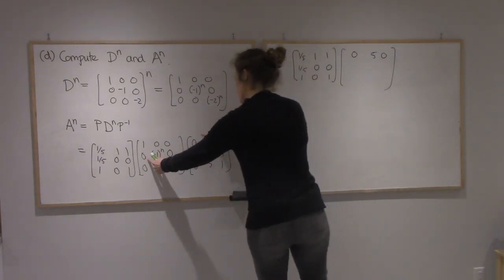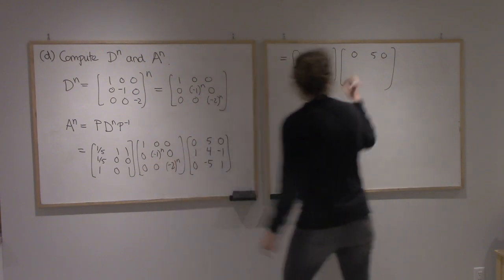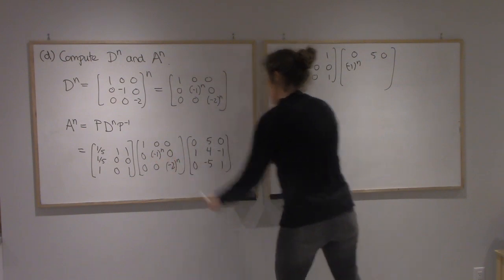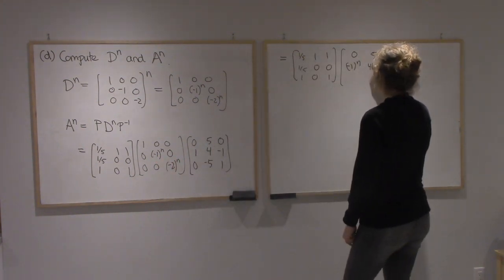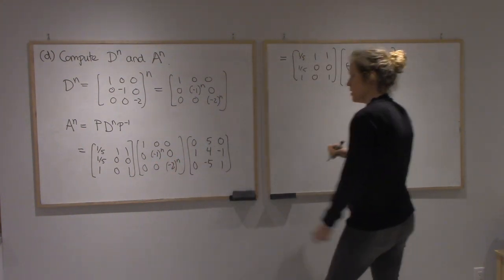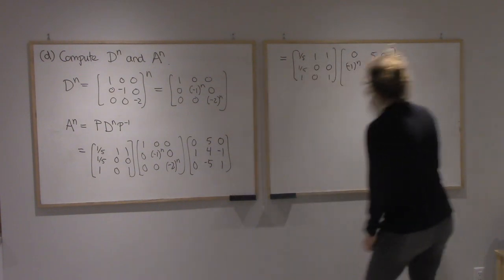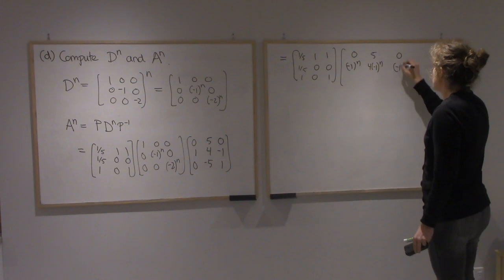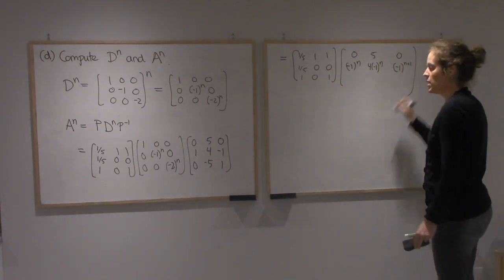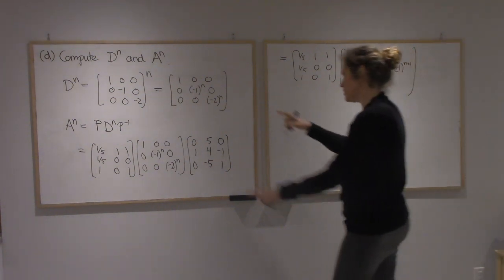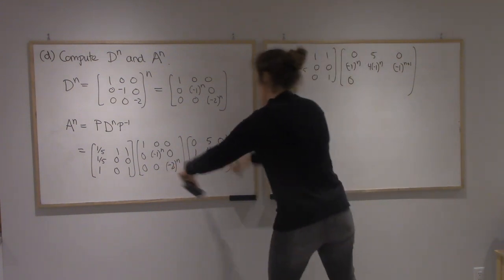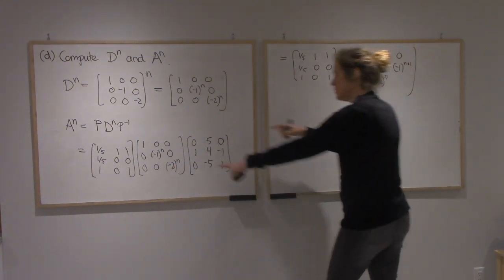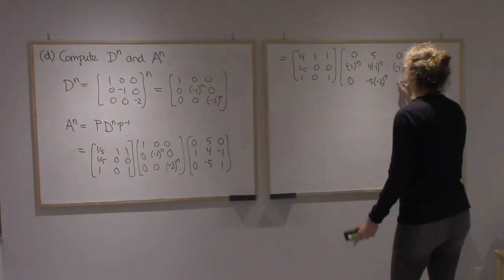And then here I'll get minus 1 to the n, 4 times minus 1 to the n, and minus 1 times minus 1 to the n, which I'll write as minus 1 to the n plus 1. Then the bottom one would be 0, minus 5 times minus 2 to the n, and then minus 2 to the n.